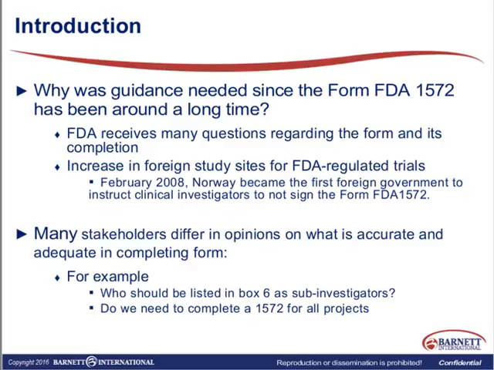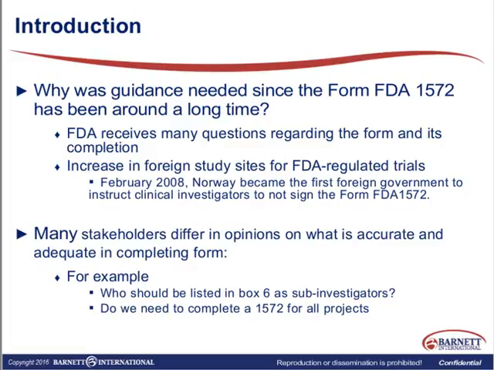We're going to talk a little bit about why the form was not completed by some clinical investigators. Also, looking at stakeholders and how they have a difference of opinion on how to accurately and adequately complete the form. When we're talking about stakeholders, I'm talking about sponsors, clinical investigators, and then the IRB.